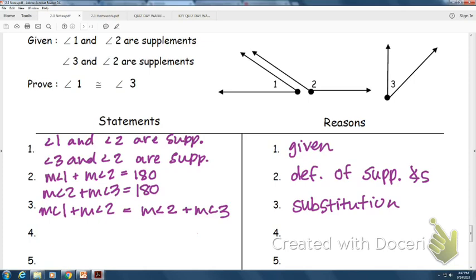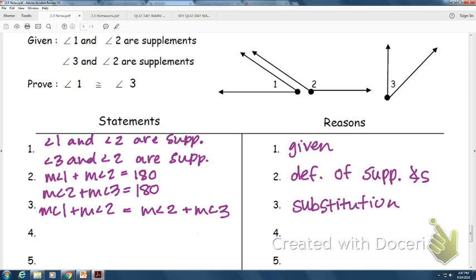Now that we have the measure of angle 1 plus the measure of angle 2 equals the measure of angle 2 plus the measure of angle 3, I know that eventually I want to get just 1 and 3. What can I do? Can we drop transitive here? No, because there's operations. You can't do transitive across operations.